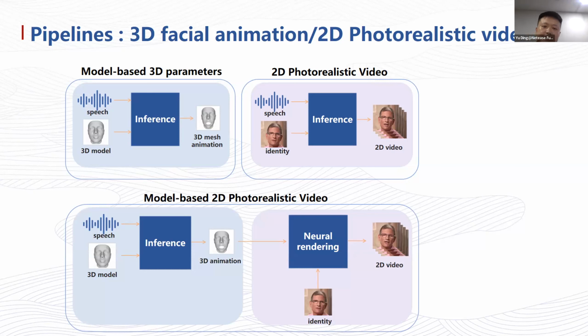A 3D face model is first used to generate 3D animation. Then the 3D animation is fed into a neural render and then generates the 2D videos at the pixel level. And the identity information is input to this neural render. By comparing these 3 types, we can clearly see the relevance of each solution.